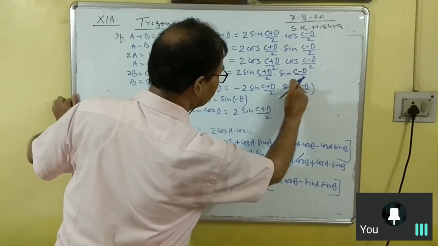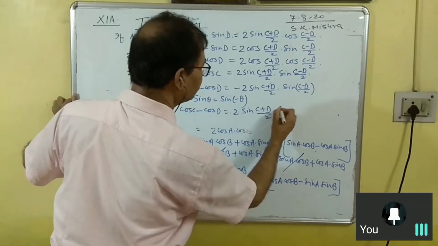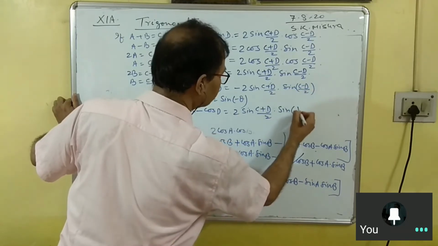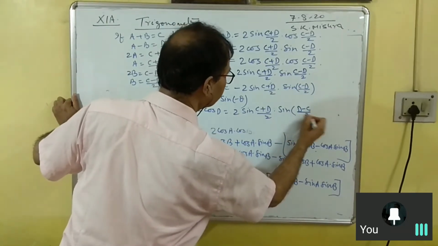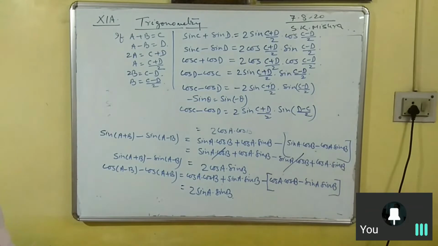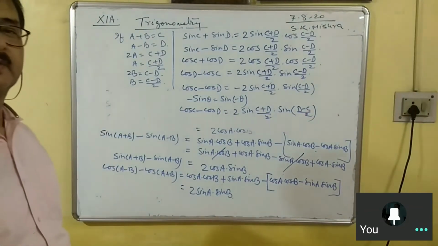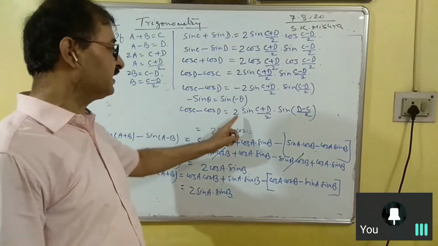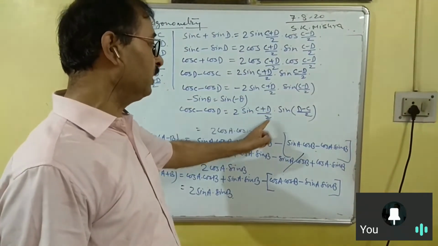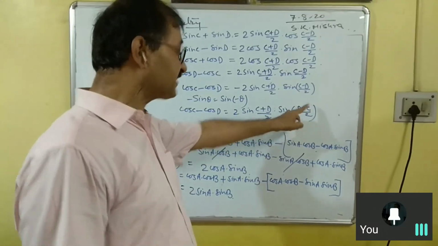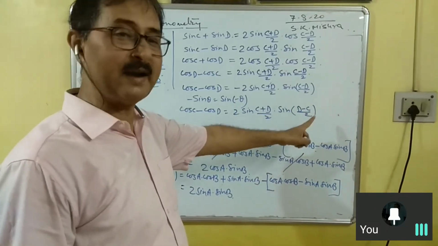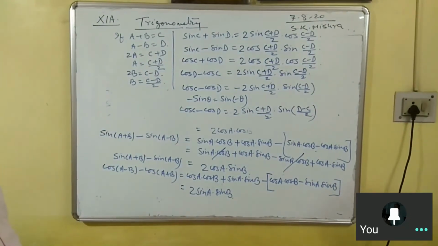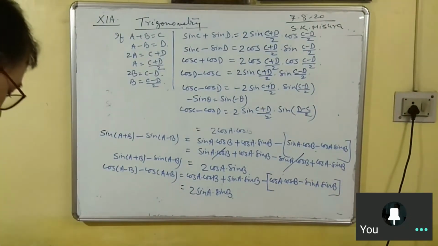If you put minus here, then the result will be sin (D minus C) by 2, since D minus C comes first. So cos C minus cos D is 2 sin (C plus D) by 2 into sin (D minus C) by 2.